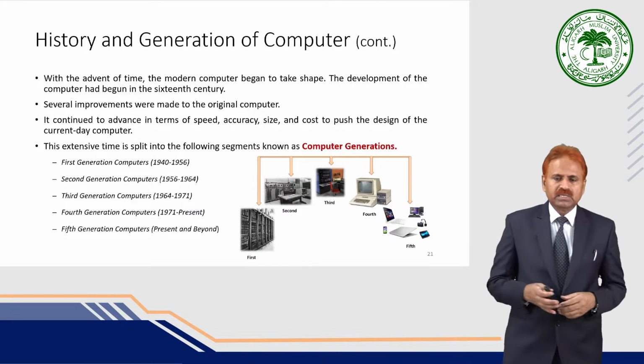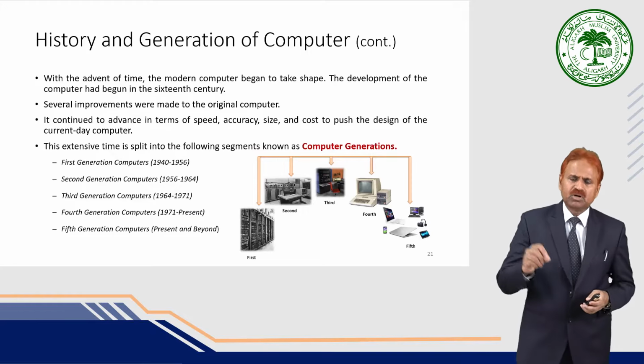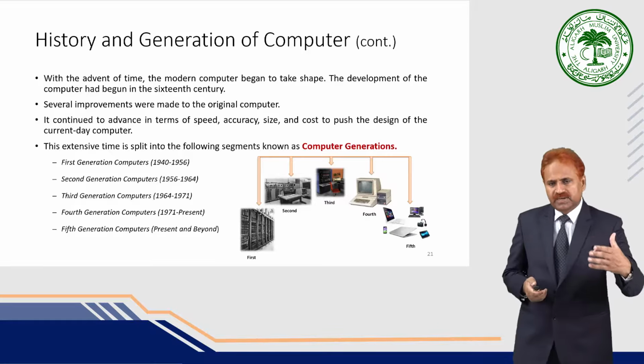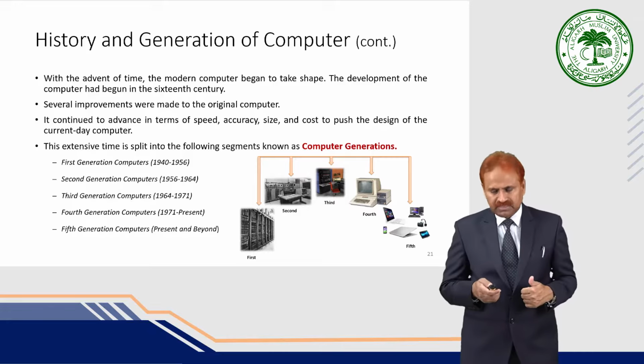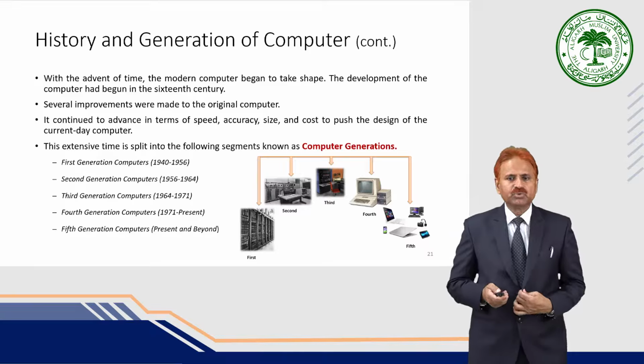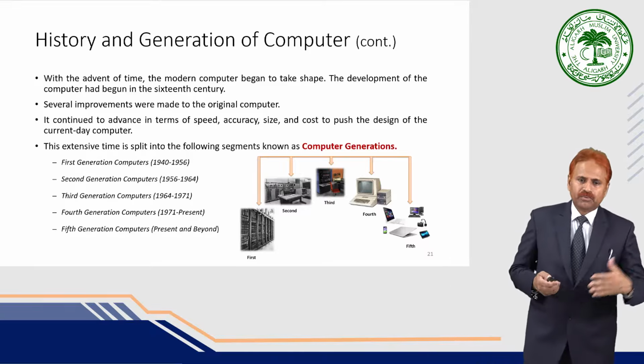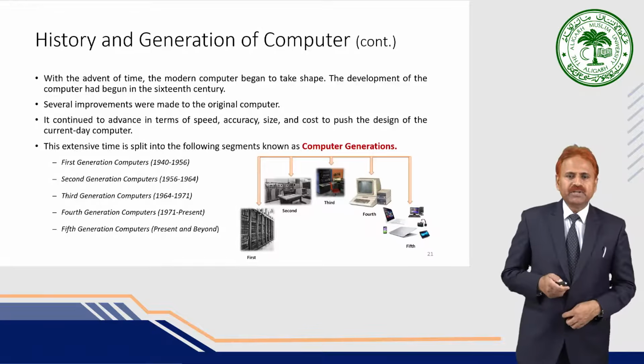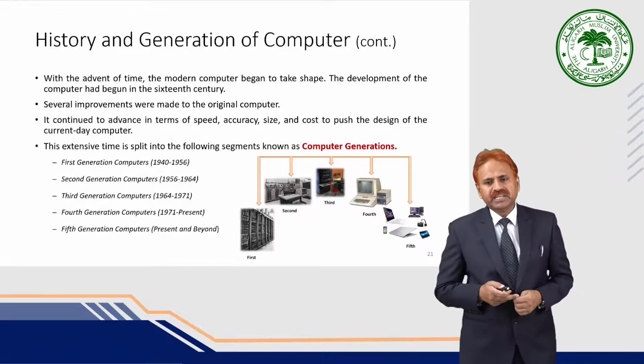So after knowing some details about the devices, or you can say the terminologies related to the devices which were used in various generations of computers, we come to the various generations of the computer. With the advent of time, modern computers began to take shape.